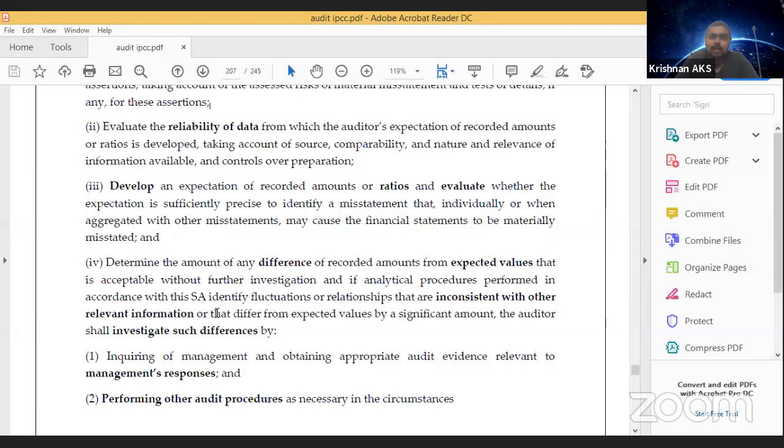Some standards will take more time, some standards will take less time. Hope you are having this question bank of mine. In the question bank book, I have done detailed question answers. I will just show you how questions can be asked from any chapter, from these auditing standards.